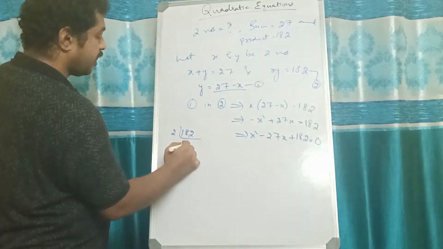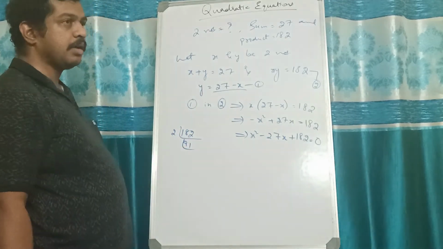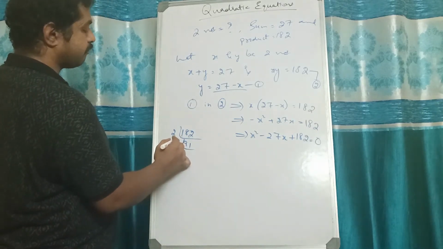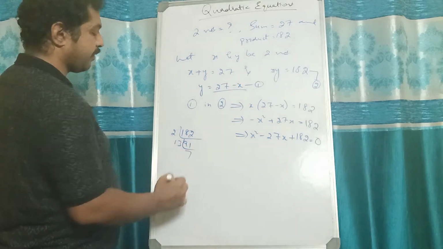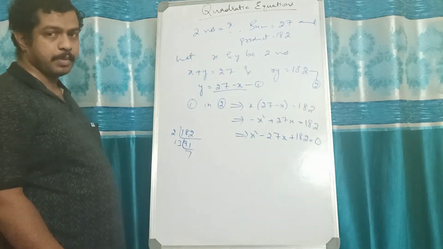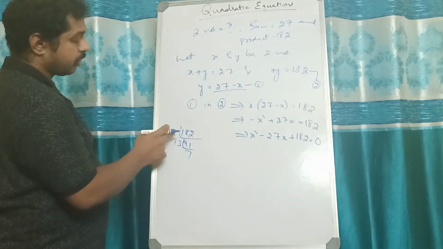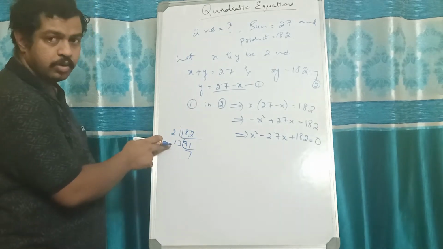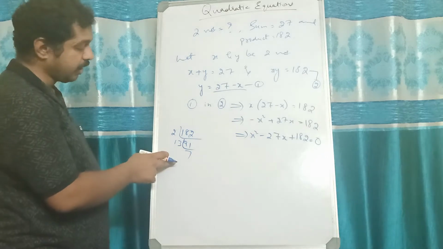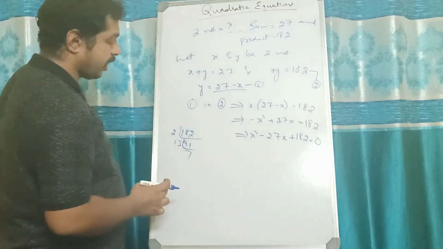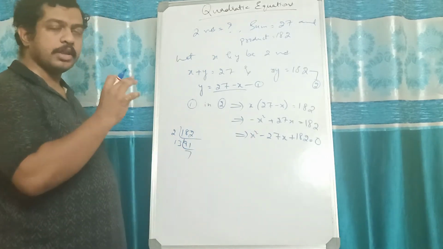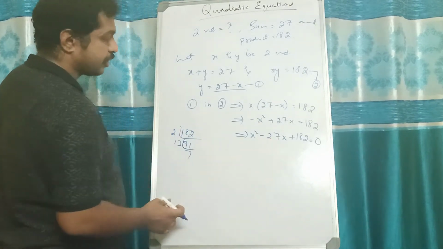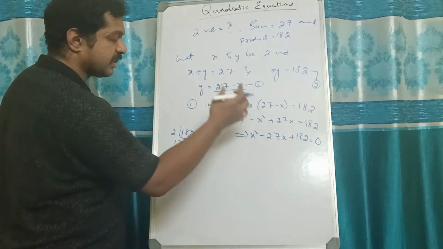So 2 into 91, 91 is an odd number, it's not divisible by 2. So I'll take 13 times 7. So the factors of 182 are 2, 7 and 13. Only these are the three factors we have, right? So to get 27, the two different numbers that I should split here so that the sum of those two numbers will be exactly 27.